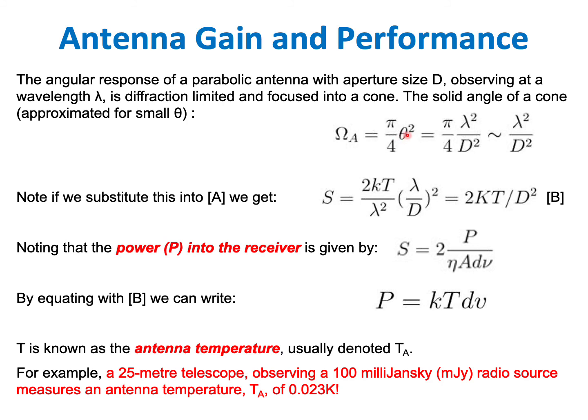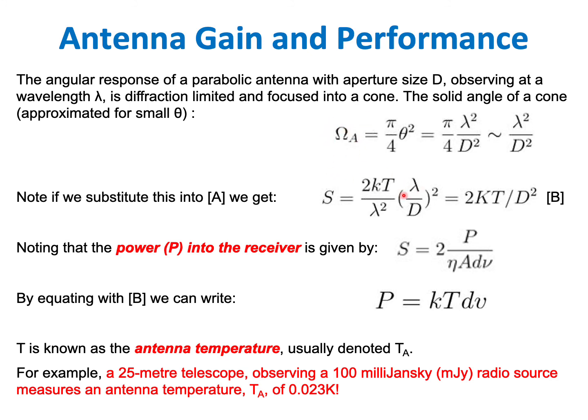So we know theta is just lambda over d, so we can approximate the solid angle of our beam as lambda squared over d squared. So let's go back quickly. Oh, can't go back. I'm recording. Sorry. On the previous slide, we had our integrated flux density, which had an omega A beam size on it.